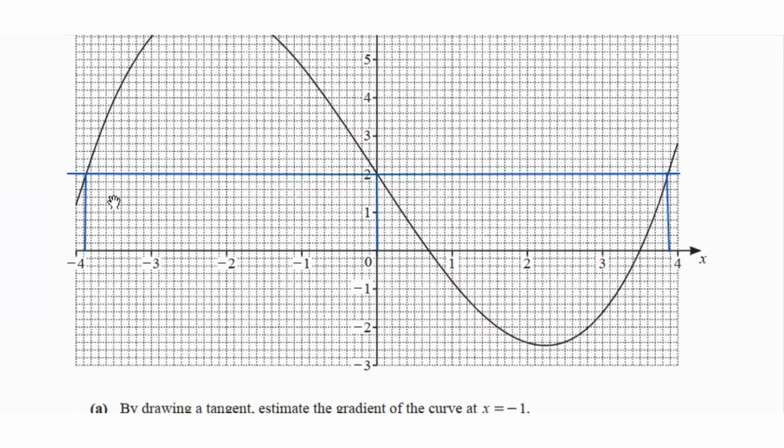So we have from minus 3.9 to 3.8. Yep. That is the range of solutions that we have when this line intersects this curve.